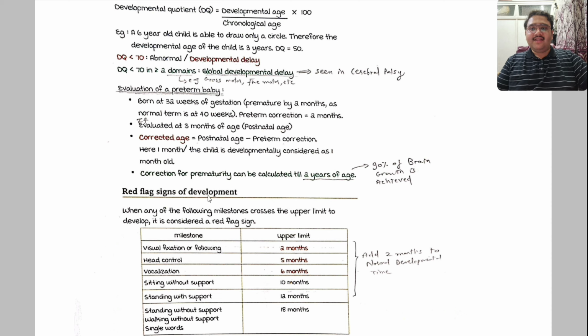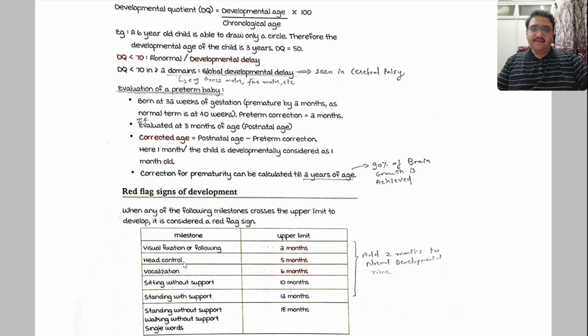Then red flag signs of development. When any of the following milestones crosses the upper limit to develop, then it is considered as a red flag sign. Just add 2 months to the normal developmental time to get the red flag sign. So normally visual fixation and following occurs in the newborn at 0 months. You add 2, so you will get 2 months.